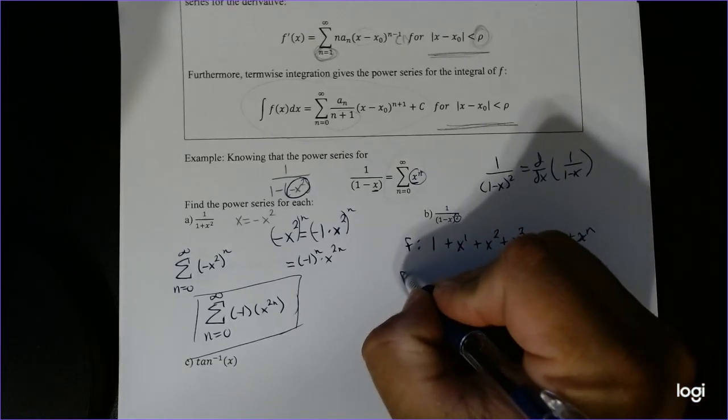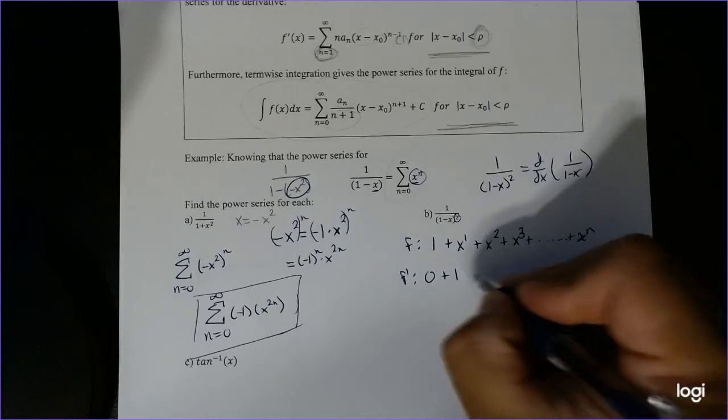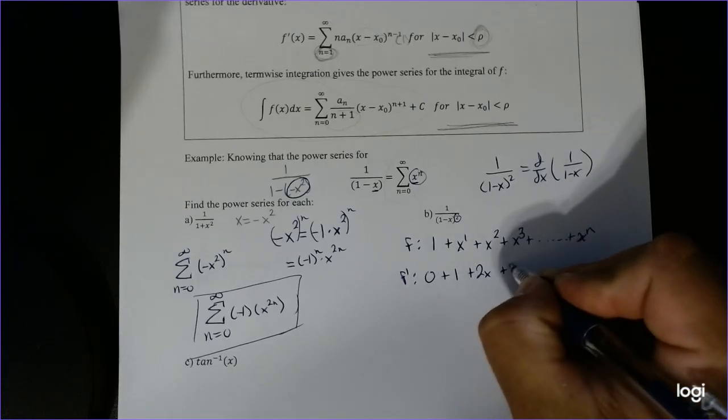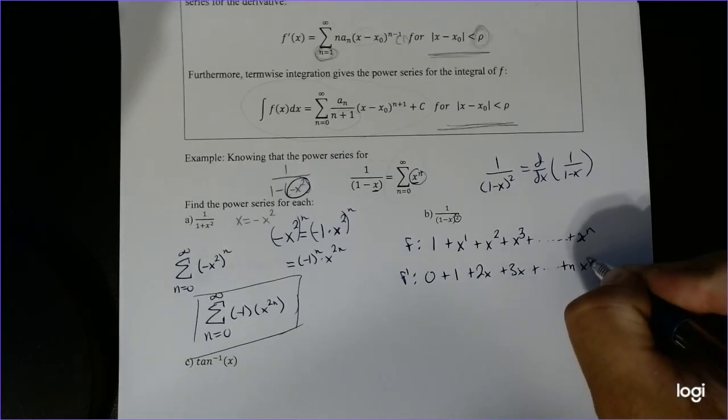So if I take the derivative now, this goes to 0, plus 1, 2x, 3x, up to n times x to the n minus 1.